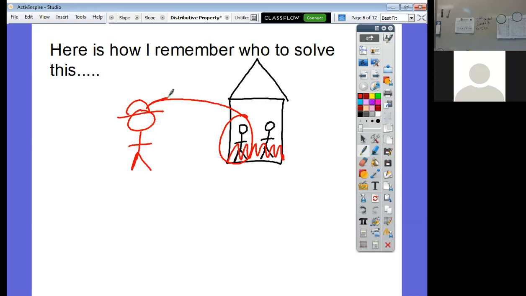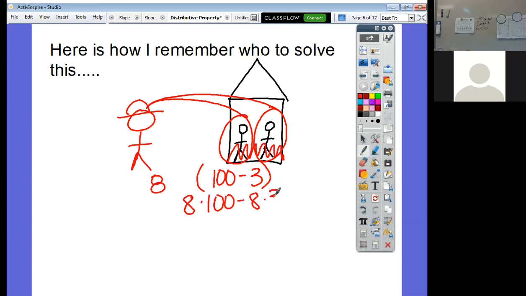But then they go back into the house and save the second person in the house. So look, the fireman represents the number on the outside. The first person represents the first number, and the second person represents the second number. So 8 times 100 minus 8 times 3.